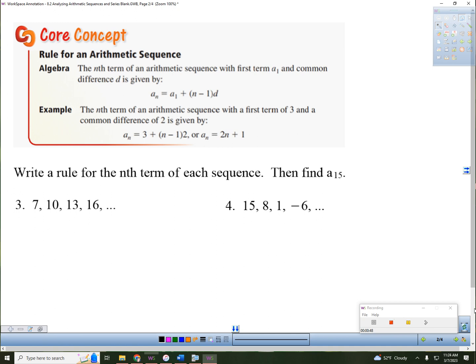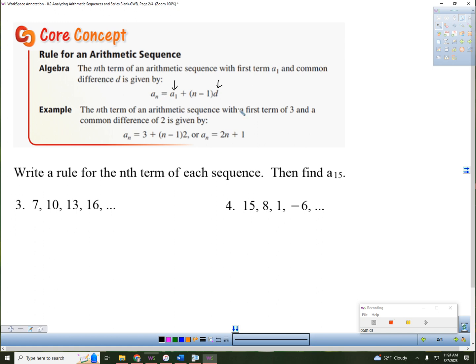So we have a rule for arithmetic sequences. It involves using the first term plus the term number minus 1 times d. When you write the equation, you always have places for the a1 and the d, but n is going to remain n and a sub n is a sub n, unless you're trying to find a certain term or figure out what d is.